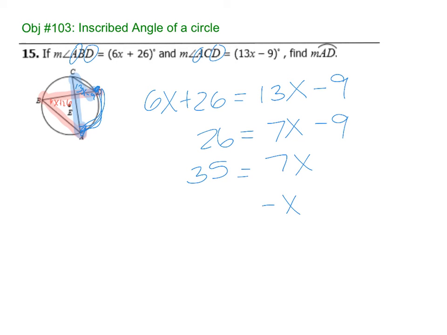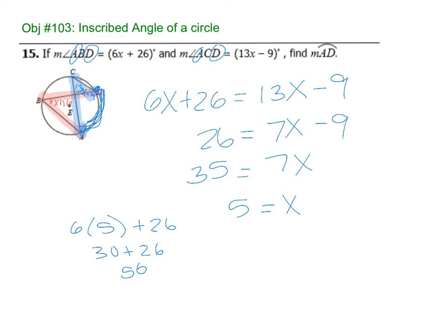So x equals 5. So then we're finding the measure of AD. So that arc. It doesn't actually matter which one you plug into. Pick one. I'm going to do 6 times 5 plus 26 because the numbers look nicer. So 30 plus 26 is 56.